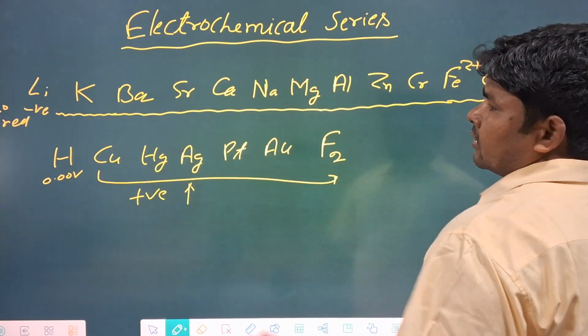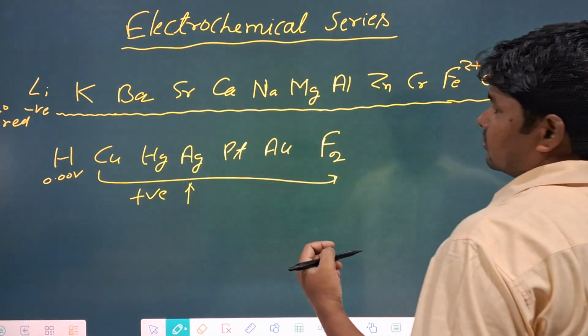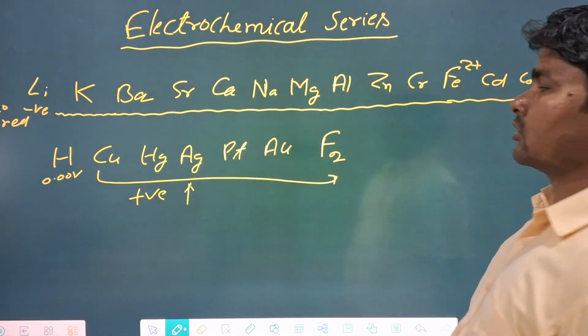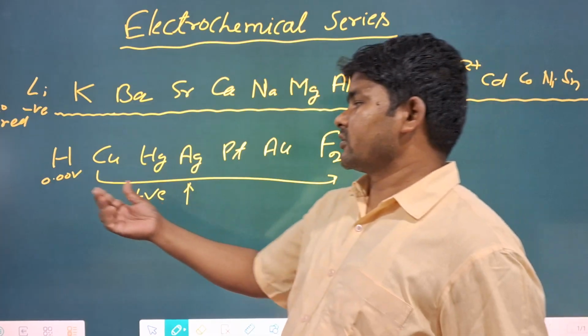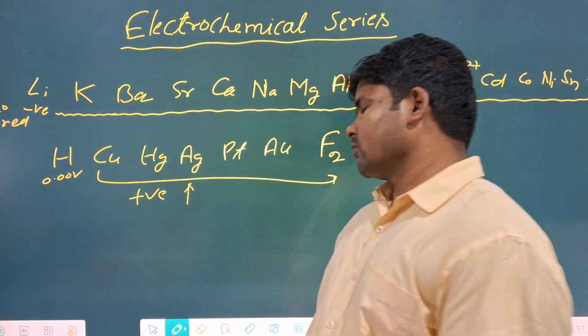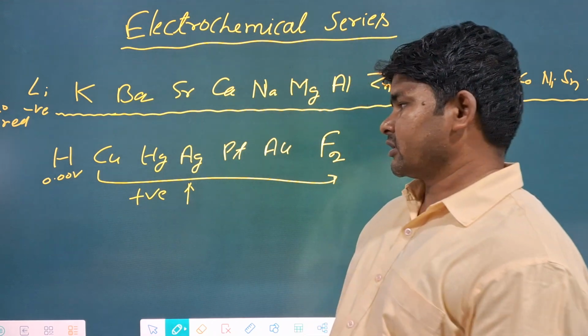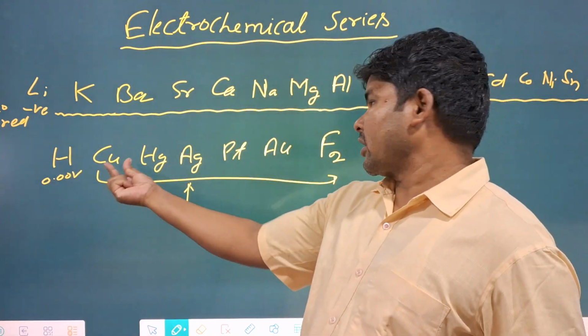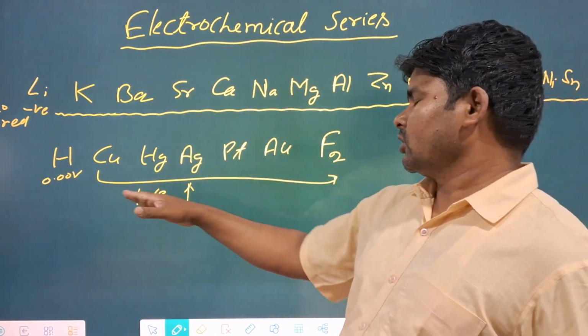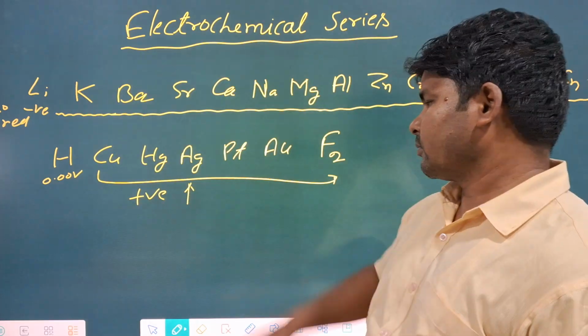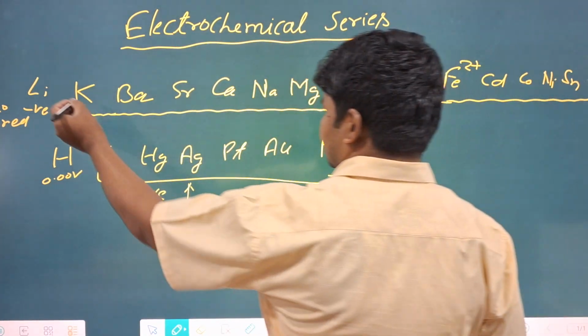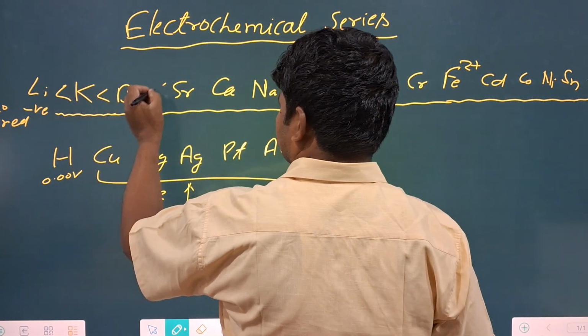Lithium to lead have negative reduction potential. The reduction potential of hydrogen is 0.00 volt, which is considered by scientists.